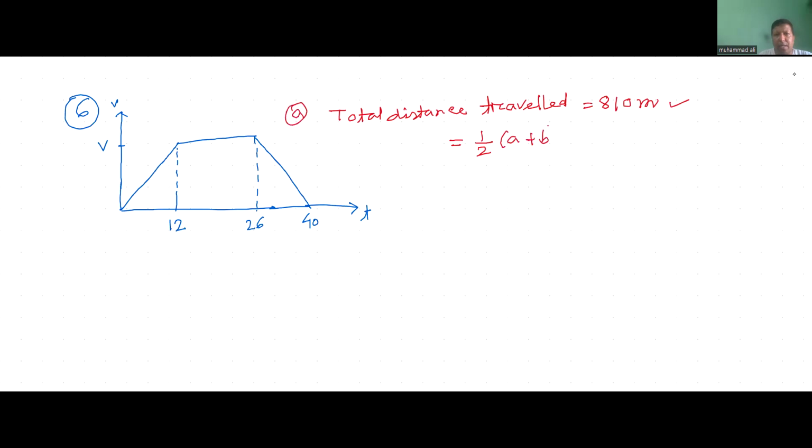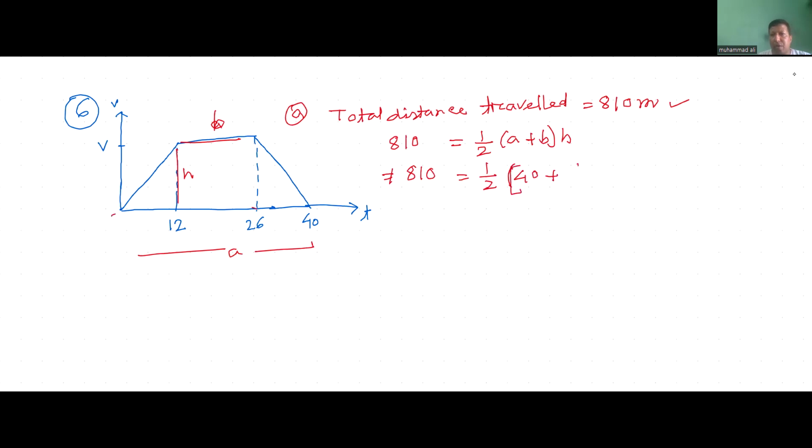Consider this one is a, and that one is b. A plus b into h. H means this part is h, and the total distance is 810 meters. So 810 equals half. The whole thing is 40 plus b is 26 minus 12.